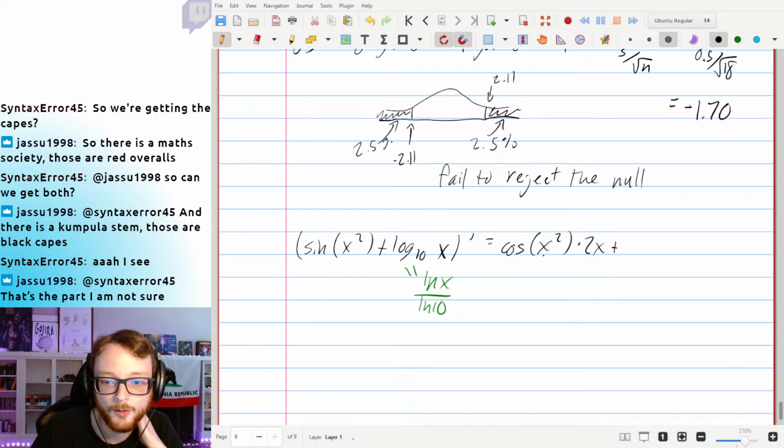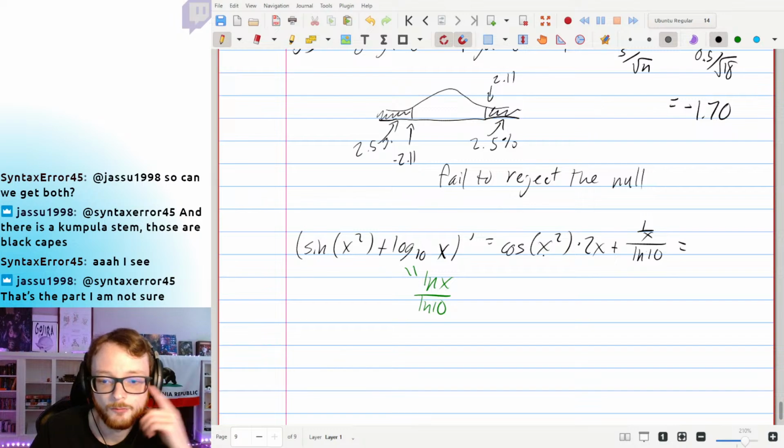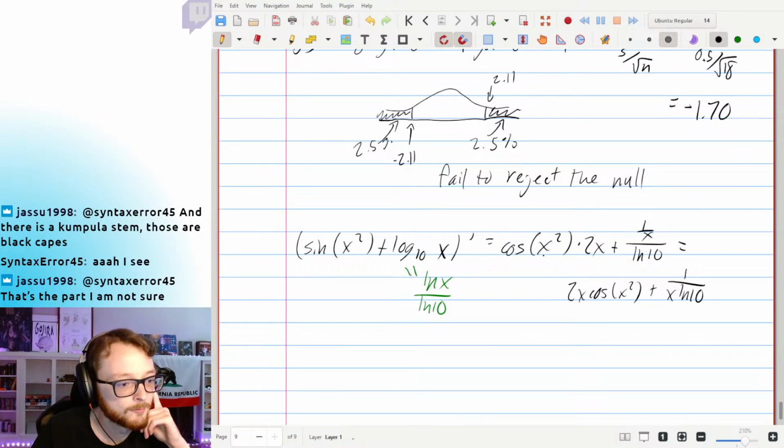Ln x goes to 1 over x, divided by ln 10. And so that's pretty much the answer there. We can just rearrange it a bit to make it look nicer. Yeah, I'd say that's what the answer is.